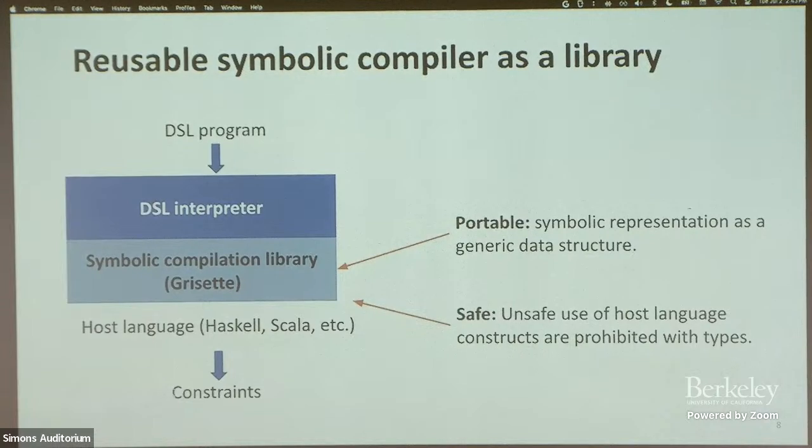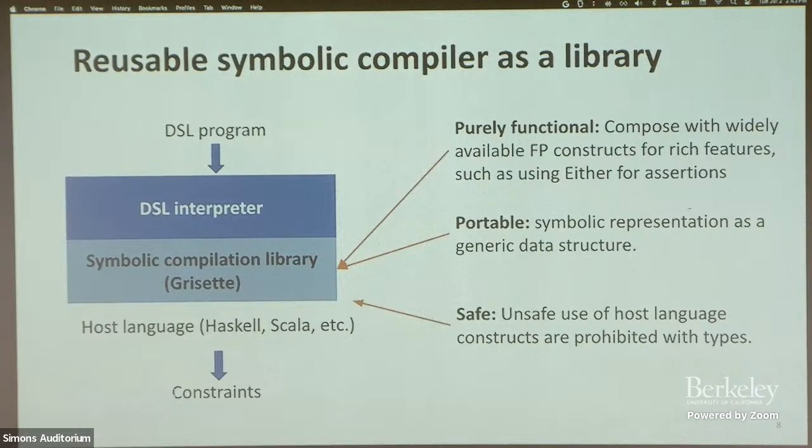That was pretty hard to do in previous systems, so you get that safety. And it's also purely functional, so you can use functional program constructs like monads to implement stateful symbolic interpreters for things with coroutines by just using that data structure with monads in the well-known, understood way, okay?